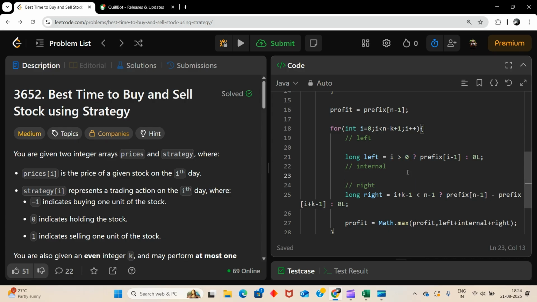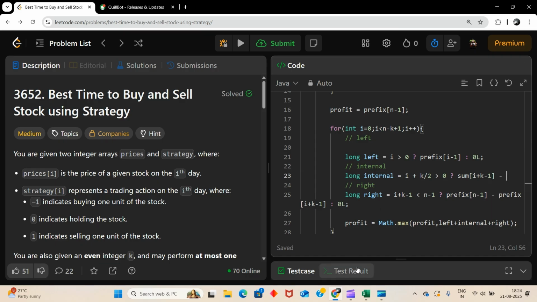Similarly here, long interval is equal to i plus k by 2. If it is greater than 0, then only we will calculate our sum, that is the sum of the same thing which I have written there. I'm writing here minus 1.